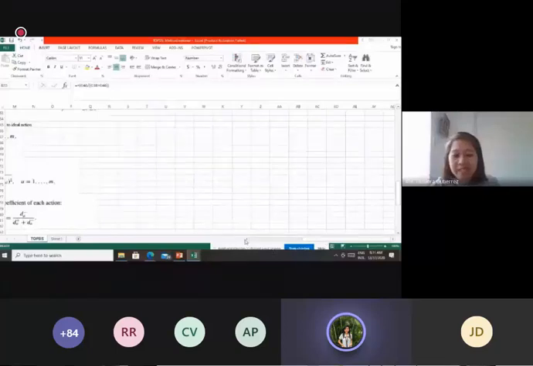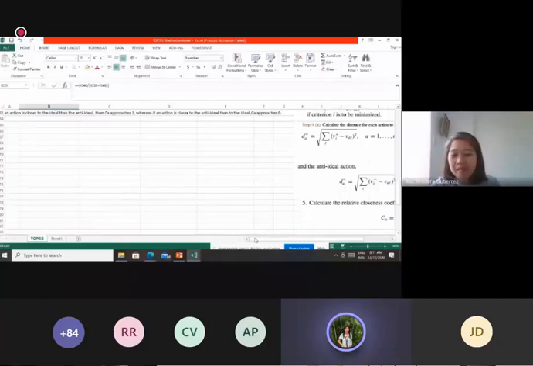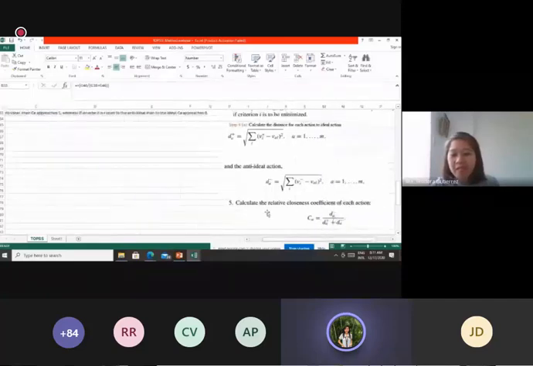So you have the CA as your symbol for the coefficient. So CA is equal to dA minus over dA plus plus dA minus.